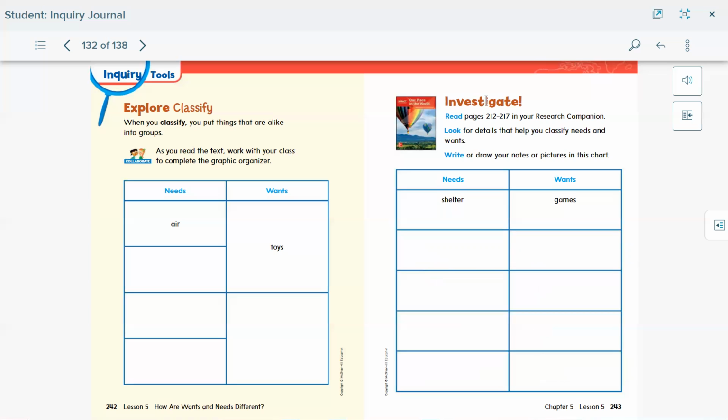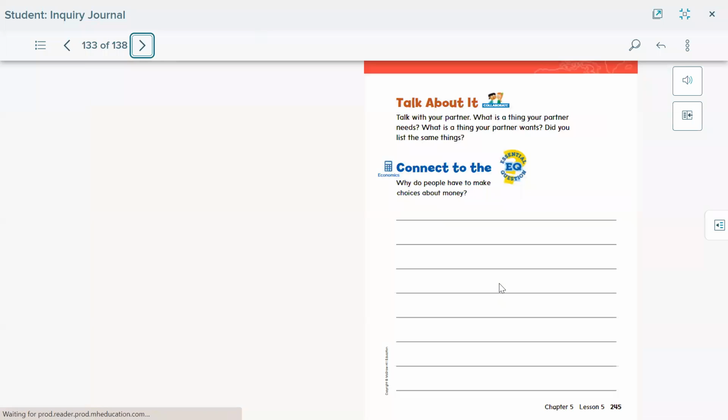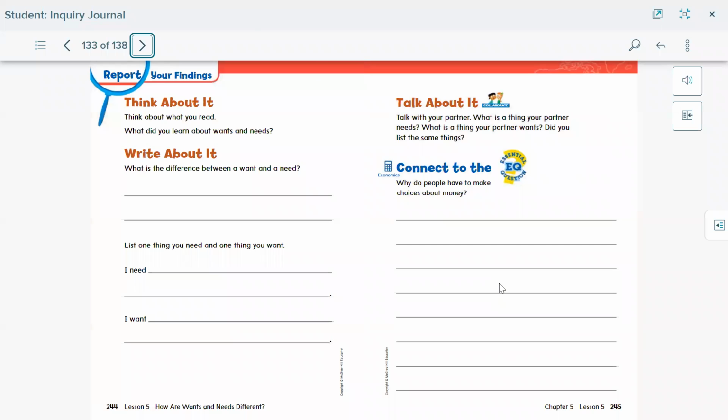All right. Let's go for the next activity in our book, page 244. All right. What's the difference between a want and a need?